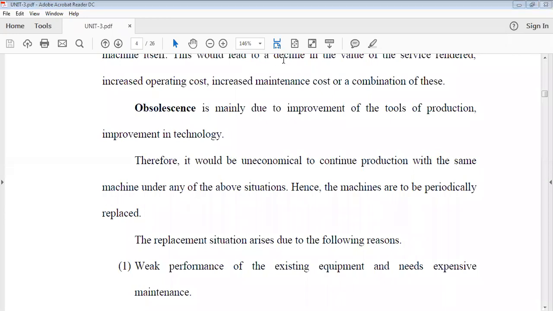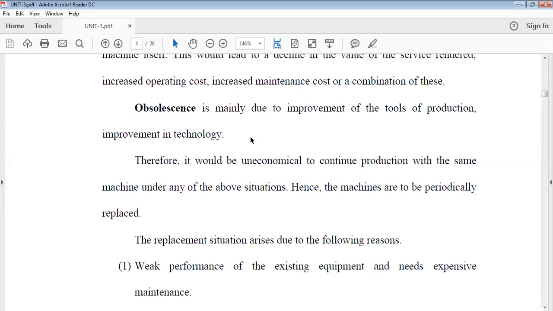So when there is improved technology in the market, a machine available with good improved technology, and you confirm yourself that with this new technology machine the production can be increased, then automatically you can go for the purchase of this machine by treating the earlier equipment as obsolete. Even though it is working, you have to treat it as an obsolete machine and keep it aside.